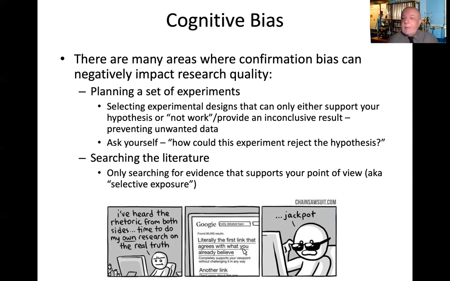And searching for the literature. When you're actually doing this work, again, there could be a danger that you only search for evidence that supports the view that you already had. So you selectively choose the literature. And as I said, the cartoon at the bottom here is a nice, clear illustration of what that means when we're not doing a proper search for the whole literature.